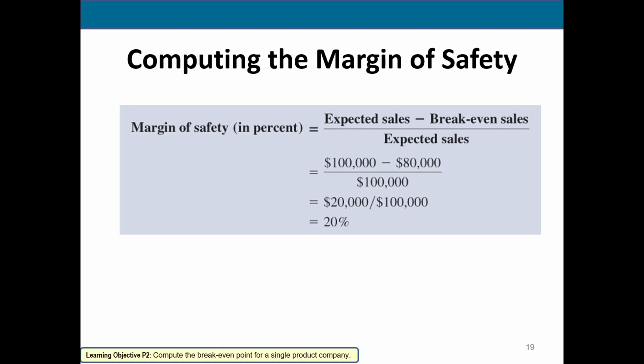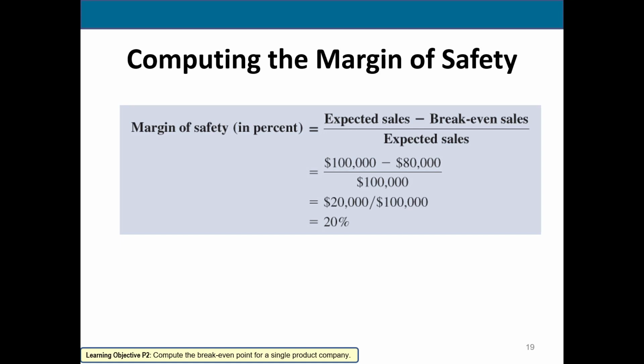In this example, the company has a break-even point of 80,000.